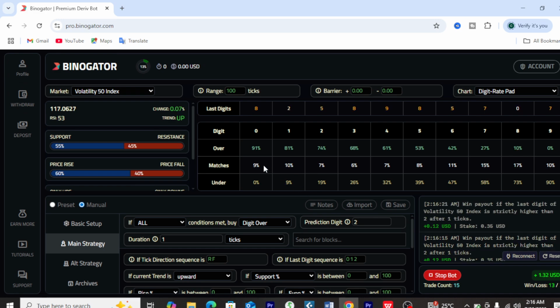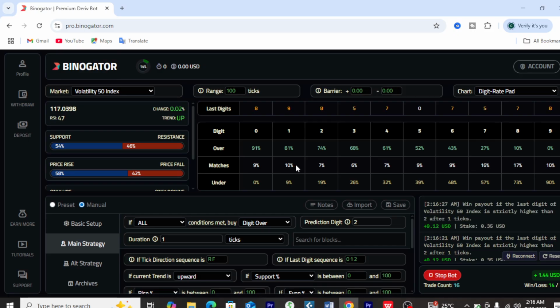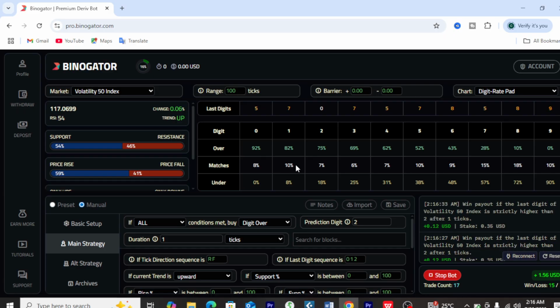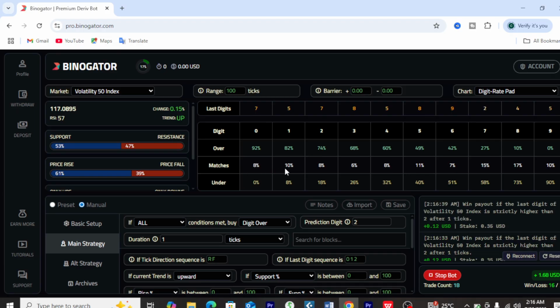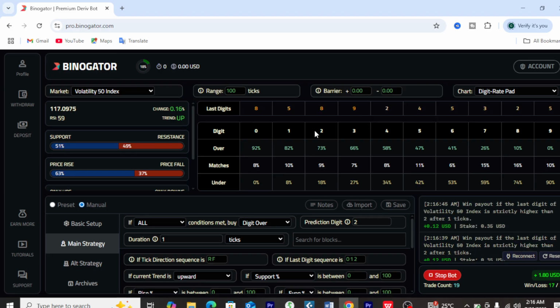So if the matches percentage is less than 10%, then I'll continue trading the market. You can see that the market has come back. So you can see now we have had 14 wins and 2 losses, because we chose a market where the percentage of the market giving out 0 or 1 or 2 is very small.